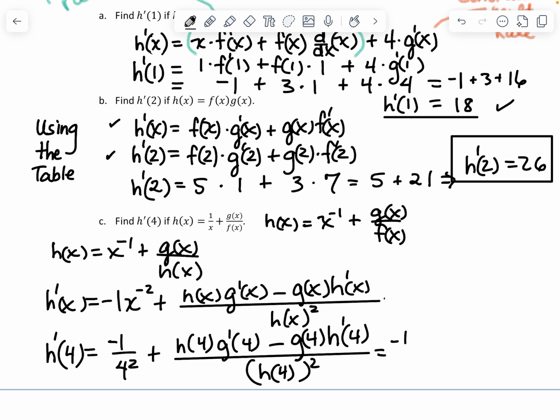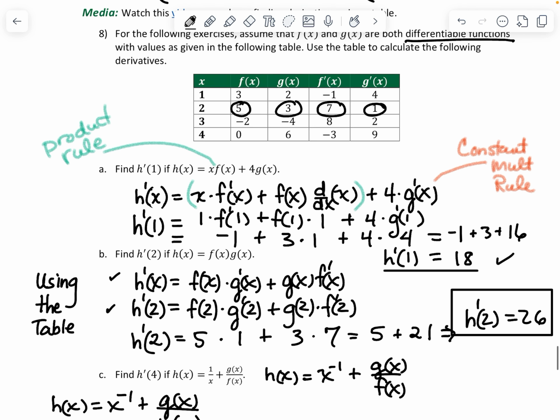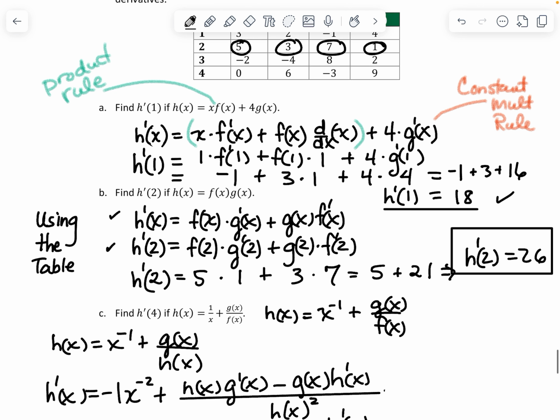So we get negative 1 over 16, and that's going to be plus, then I have f of 4, I believe that's 0. f of 4 is 0.